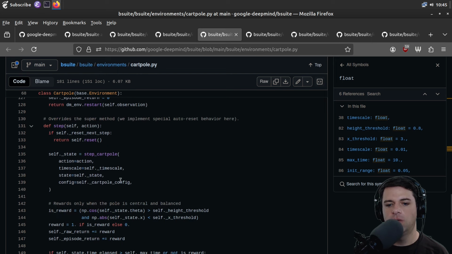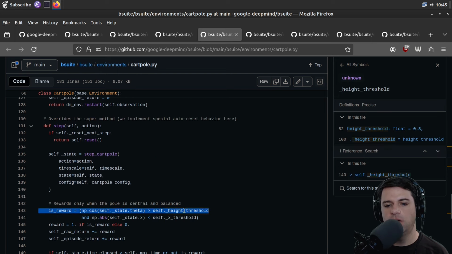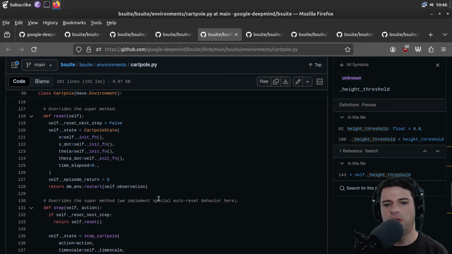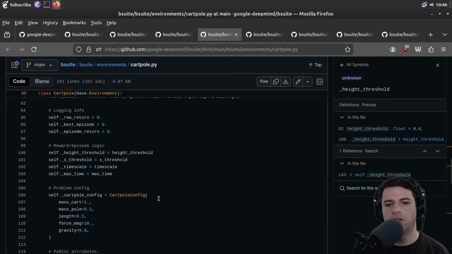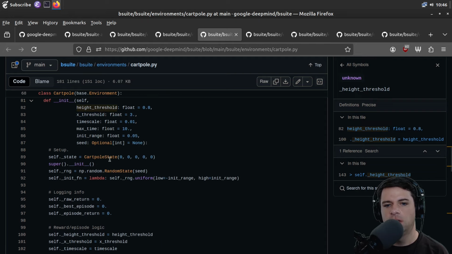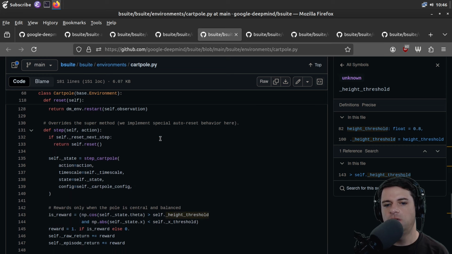But at any rate, we're essentially looking at how tall it is, whether it's above the threshold. And then we look at the absolute value of the position and make sure that it's less than the threshold, that I guess maybe we haven't fallen off the track or something. Or I guess maybe central just means no matter how long the track is, we want it to be within 3 and -3 of 0.